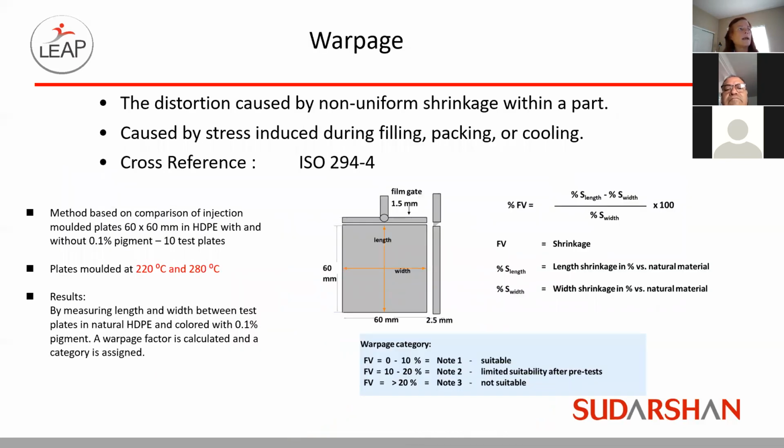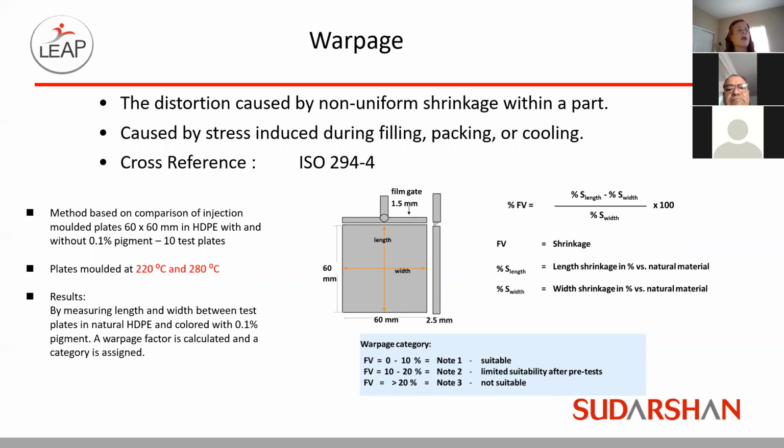Warpage, again, is a measurement of how much shrinkage is measured based on that colorant choice. And we measure that in terms of the percentage of shrinkage of the part compared to uncolored polymer.